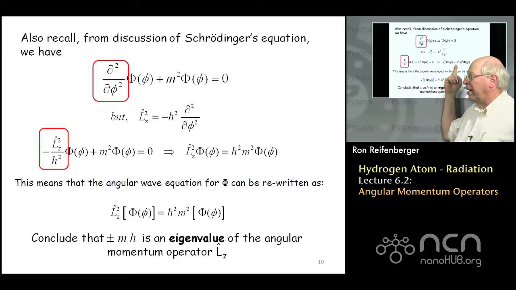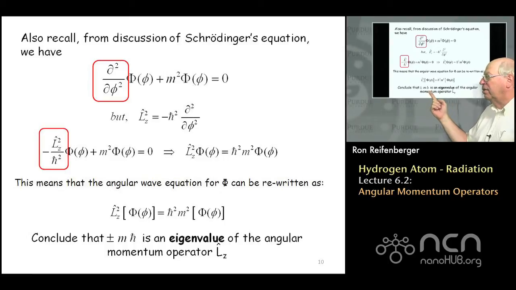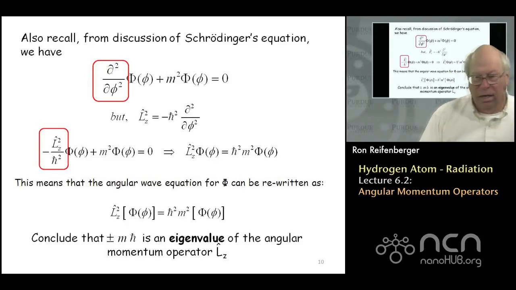And the eigenvalue is now h bar squared times m squared, which basically means that this quantity, plus or minus m times h bar, is an eigenvalue of the angular momentum operator in the z direction, right? So you get the plus and the minus because this is a squared quantity, and when you take the square root of this, you have to have either a plus or a minus sign associated with it.